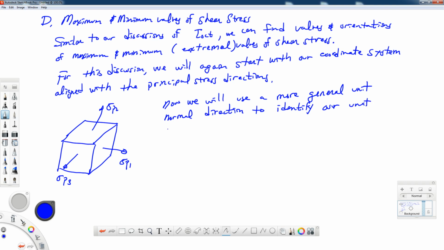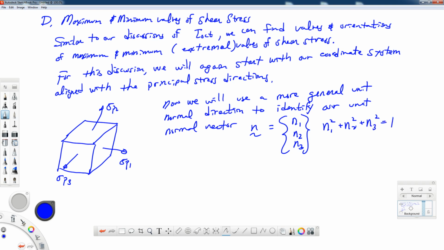Again, it's important to keep in mind that this is a unit normal. If we have components n1, n2, and n3, we have the restriction that n1 squared plus n2 squared plus n3 squared is equal to 1.